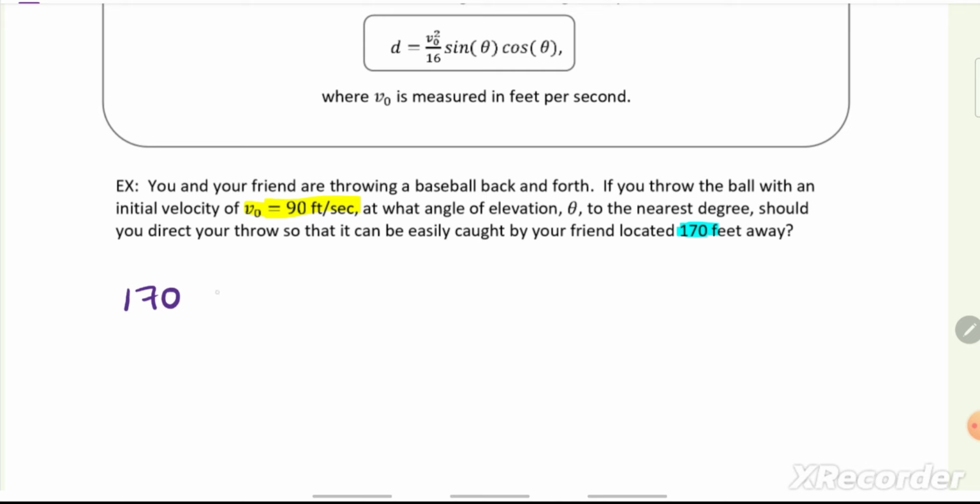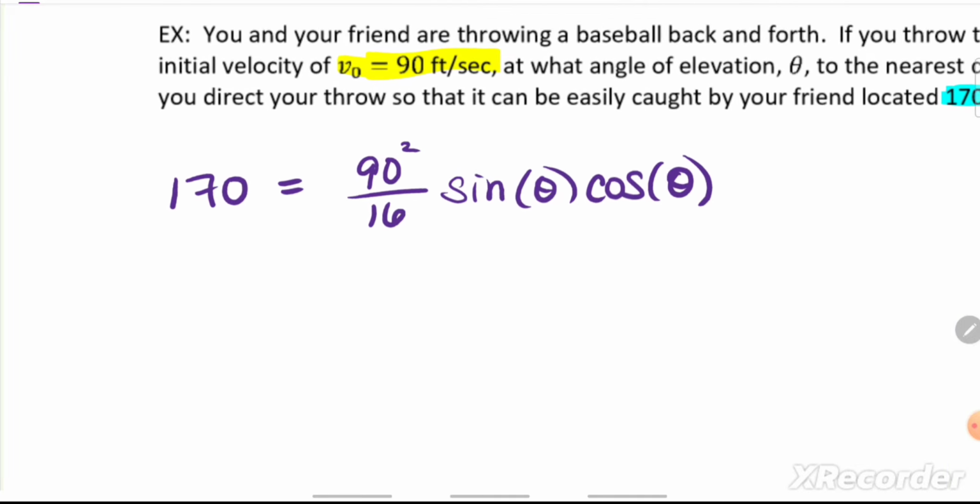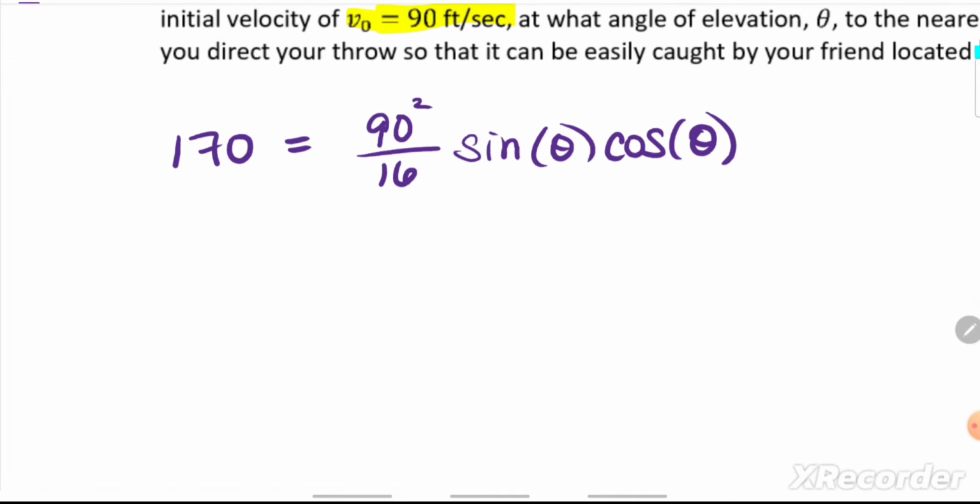So 170 is equal to 90 squared over 16 times sine of theta times cosine of theta. And we need to solve for theta. Well, I'm going to start by squaring that 90.